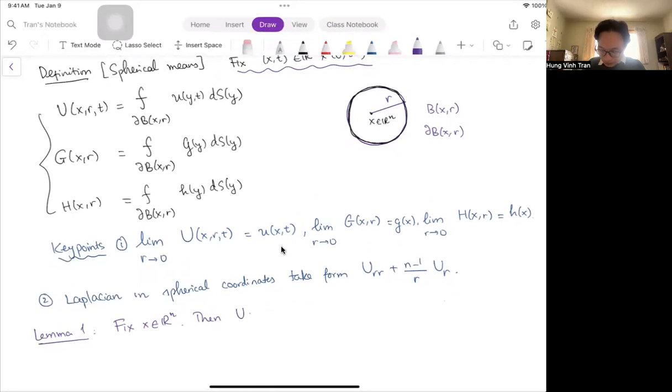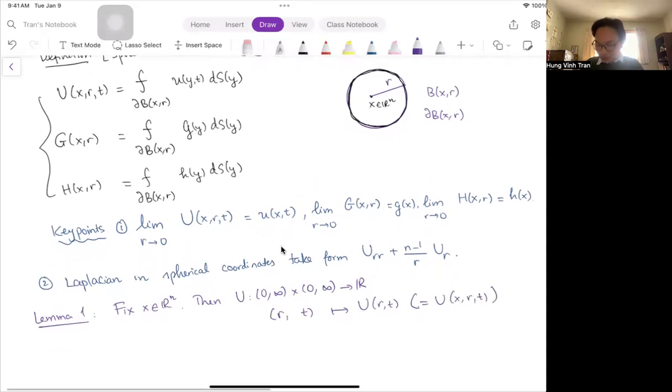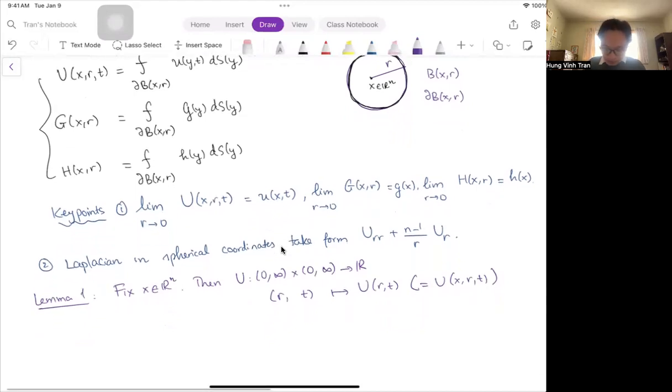So for simplicity, I will write just that u depends on r and t only, mapping (0, infinity) cross (0, infinity) to R, (r,t) to u(r,t). And indeed, this is actually u(x,r,t), but I just didn't mention x for simplicity. It satisfies the modified wave equation in the first quadrant.